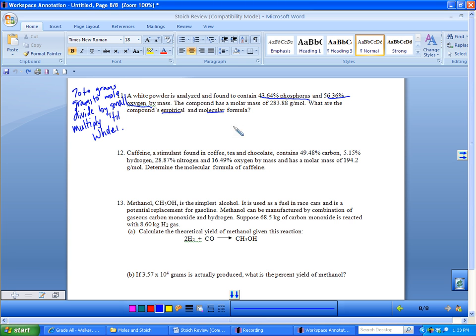Okay, so percent to grams. So 43.64 is going to be grams now instead of percent. Now I'm going to go to moles. 1 mole of phosphorus, I go to the periodic table and look it up. And when I got 1 mole of phosphorus, I got 31.0 grams.